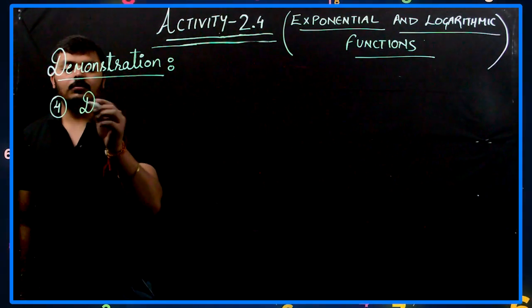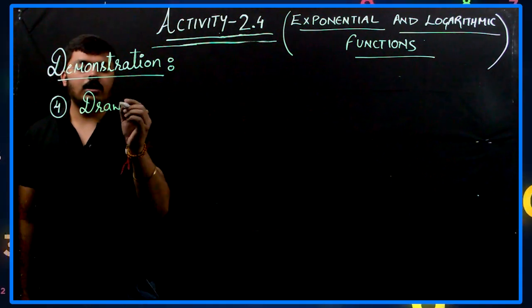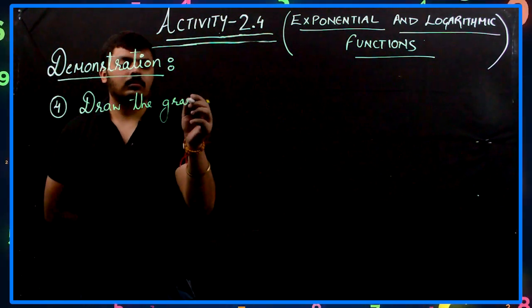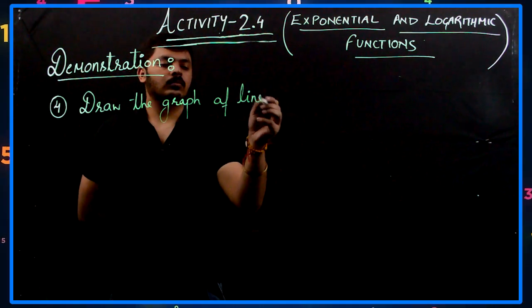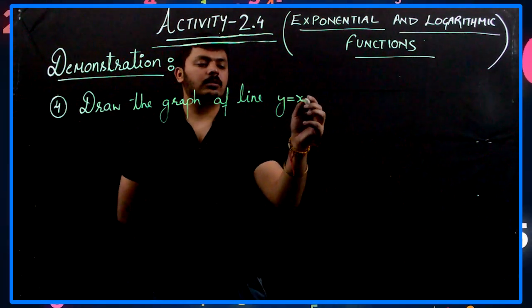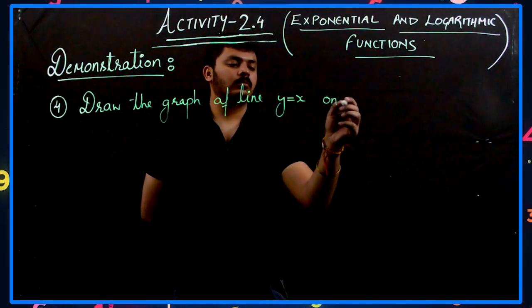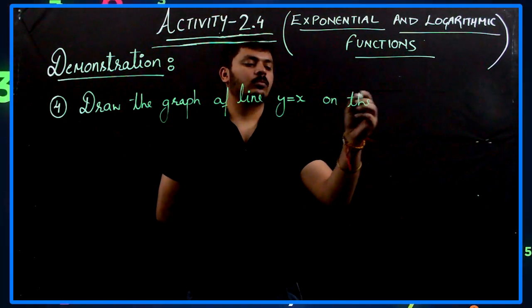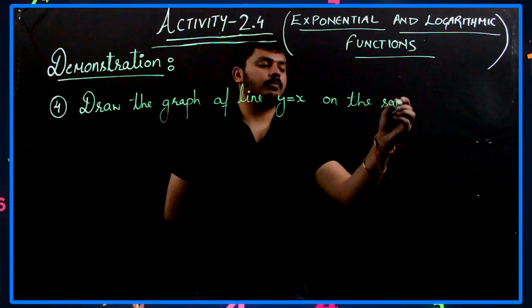In step 4, draw the graph of the line y equals to x on the same graph paper.